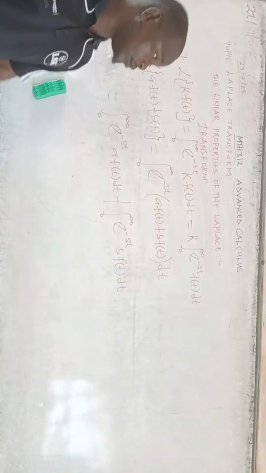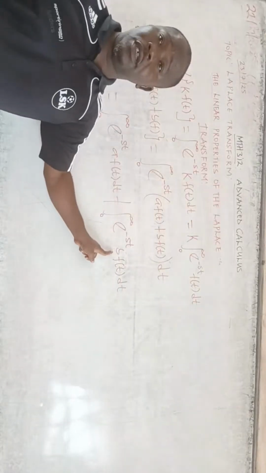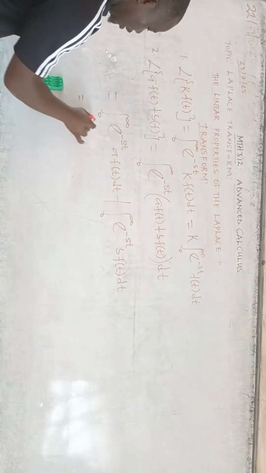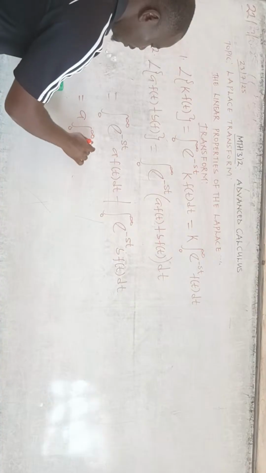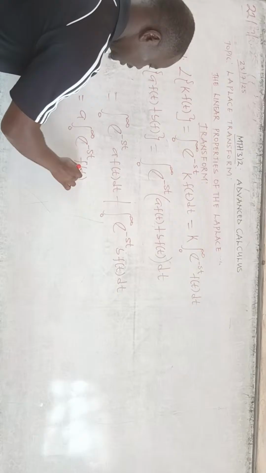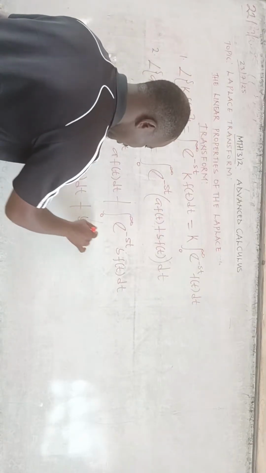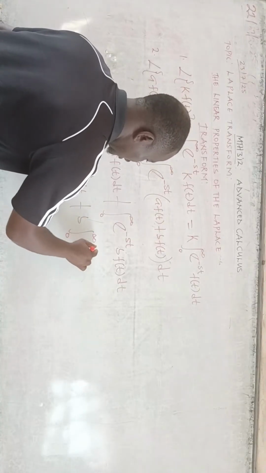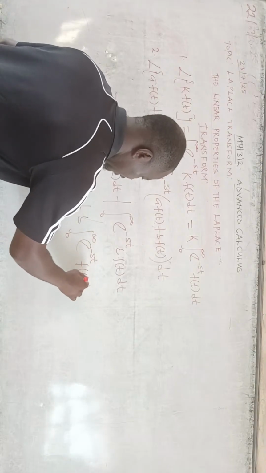This is a constant, this is also a constant, we can factor them out. It means a times integral 0 to infinity exponential minus st f of t dt, then plus b times integral 0 to infinity exponential minus st g of t dt.